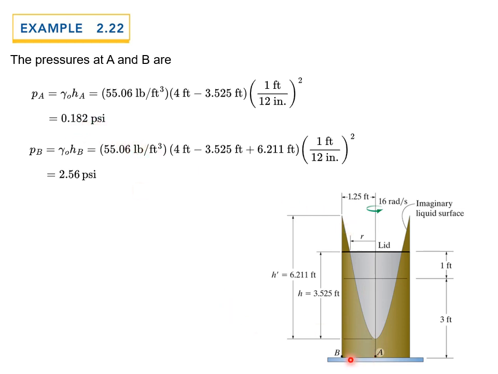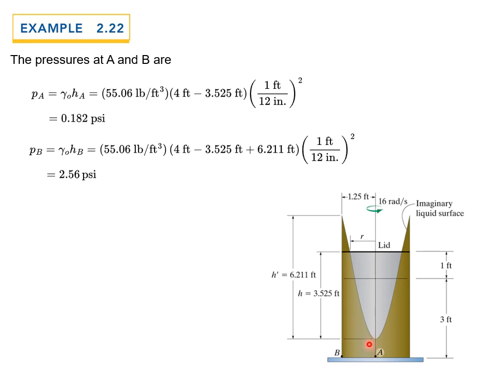Now, if we want to find the pressure at B, we have to find the total height of the liquid from here to there. We know gamma is the same. We can just add it up. We have 6.211 feet, that's the distance from here to there, but we need this little bit here.